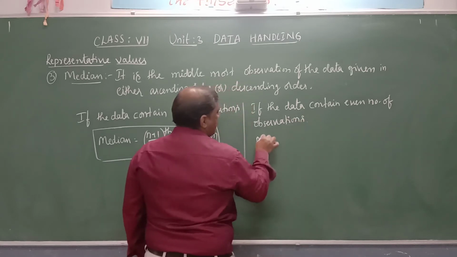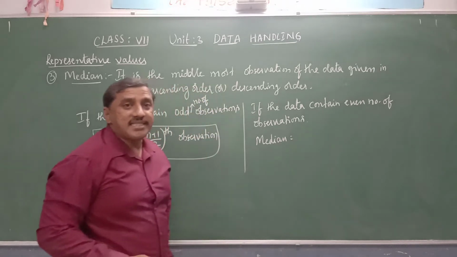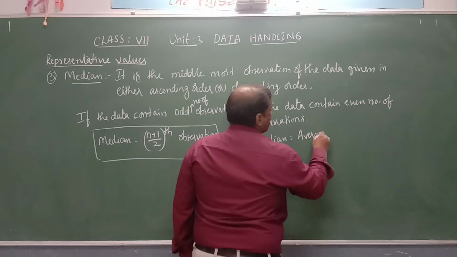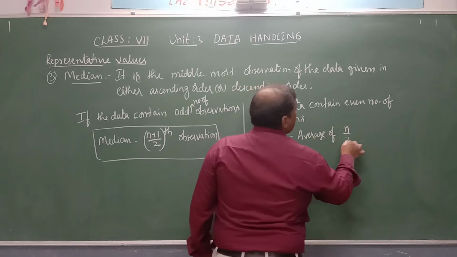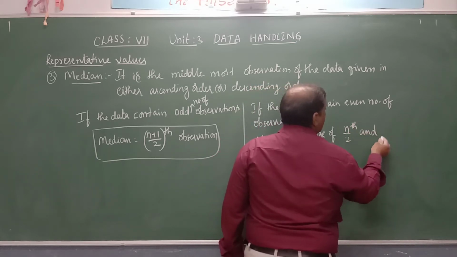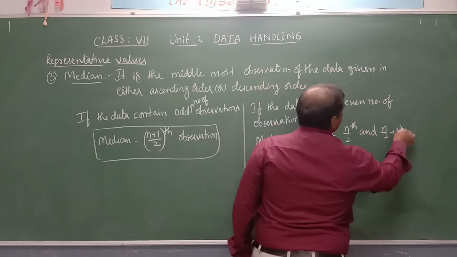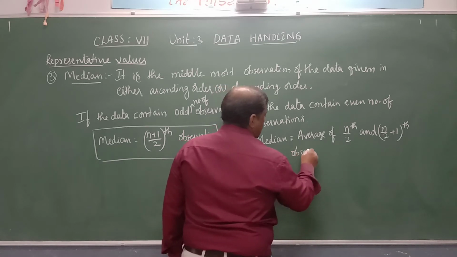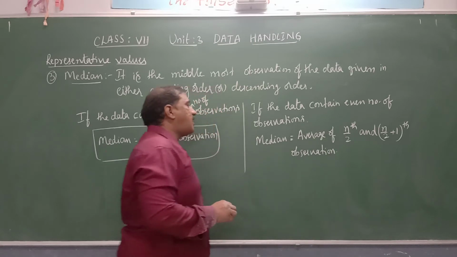In this case, the median is the average of the n by 2 th observation and the n by 2 plus 1 th observation. That is, the n by 2 th observation and its next observation give the median of the data.